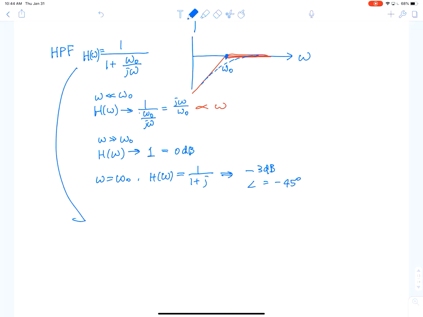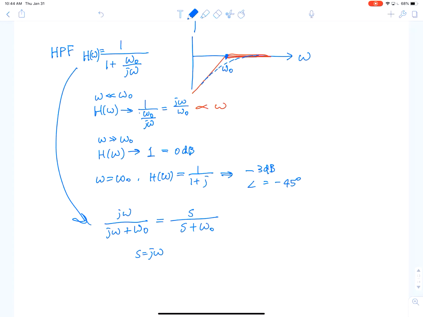For example, for another form, I just multiply by j omega. So I can have j omega over j omega plus omega 0. This is commonly used in control. People use s equal to j omega in textbooks as well. So you have s over s plus omega 0.